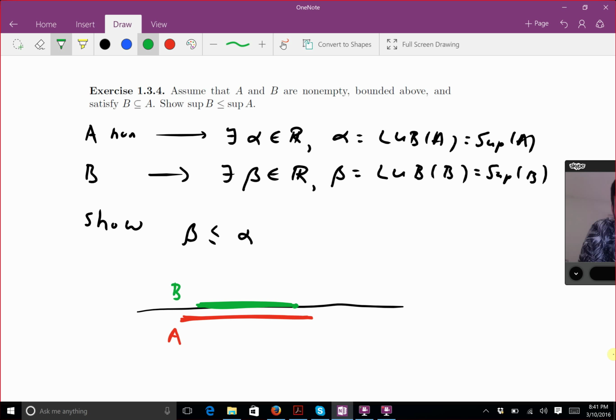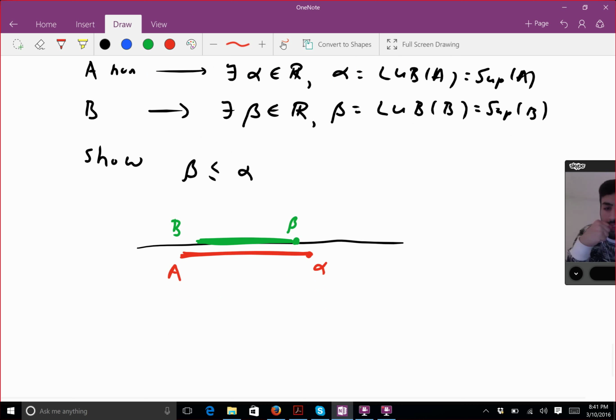So this supremum would be here, right? Yes, so it makes sense. Okay, but we have to prove it now. So let's say beta minus alpha over 2, that's the center, right?